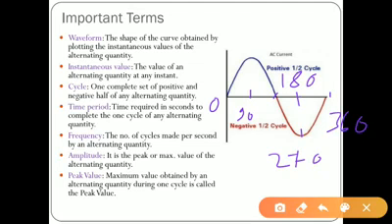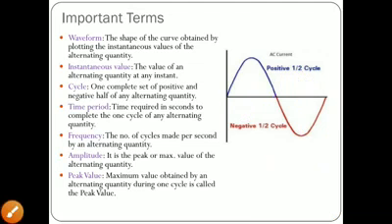So in this manner, this is completing one cycle. So the time required, in seconds, to complete one cycle of an alternating quantity is called time period. So this is the time period.